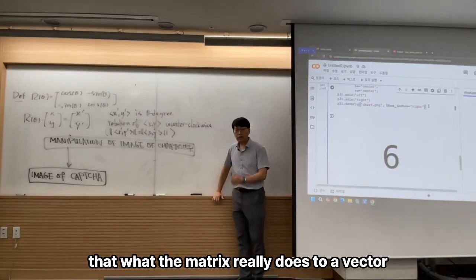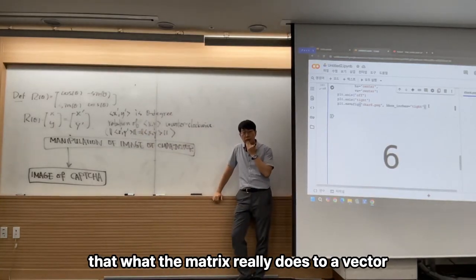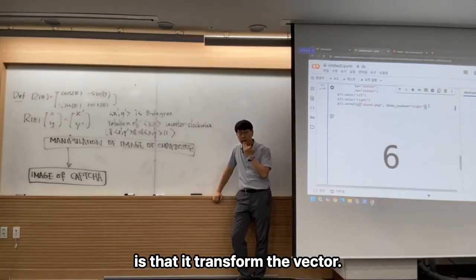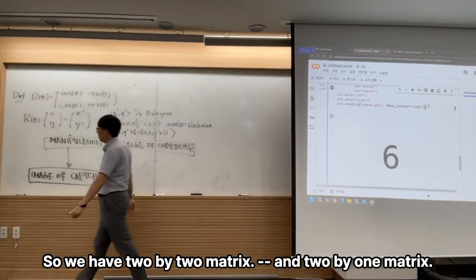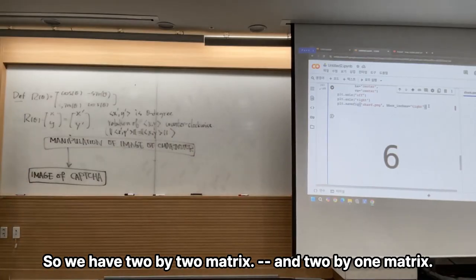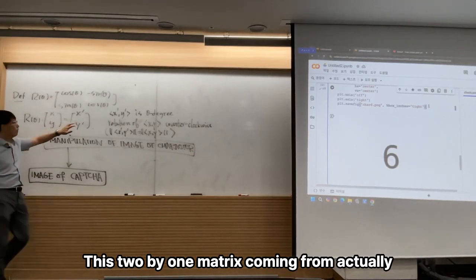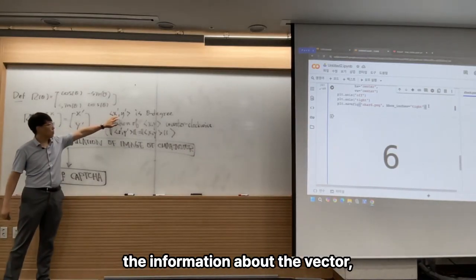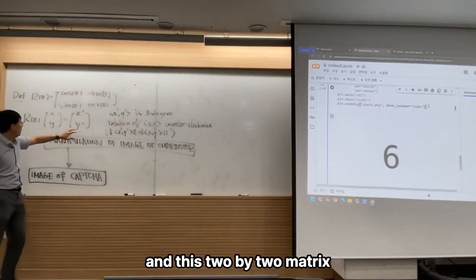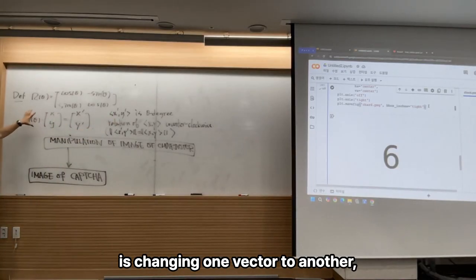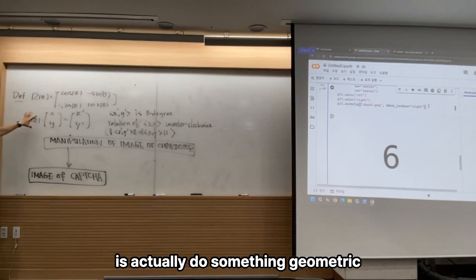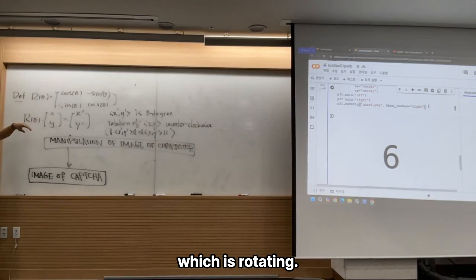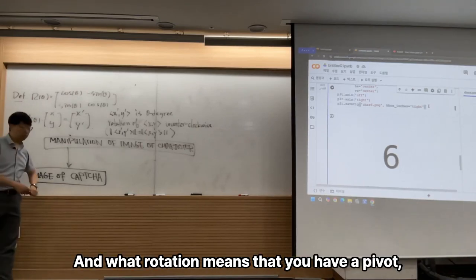So you can see that what the matrix really does to a vector is that it transforms the vector. We have a 2 by 2 matrix and a 2 by 1 matrix. This 2 by 1 matrix comes from the information about the vector, and this 2 by 2 matrix is changing one vector to another. This special one does something geometric, which is rotating. Rotation means that you have a pivot.